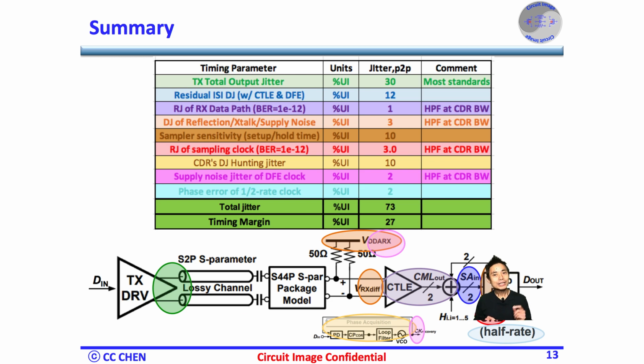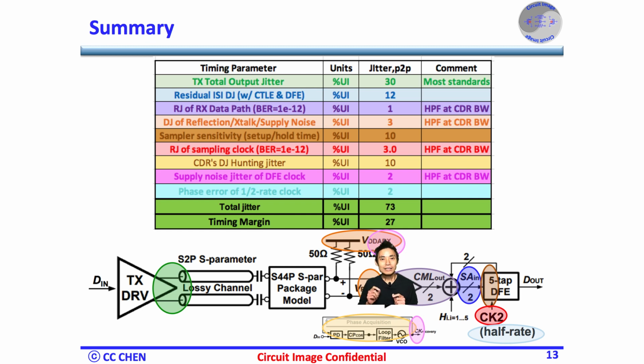Second, our EQ with CTLE and DFE ability shows the residual ISI related DJ is 12% UI. Third, the intrinsic RJ of the data path from the CTLE to the sampler after the high-pass filter at CDR bandwidth corner frequency shows 1% UI for BER equals 1E-12.